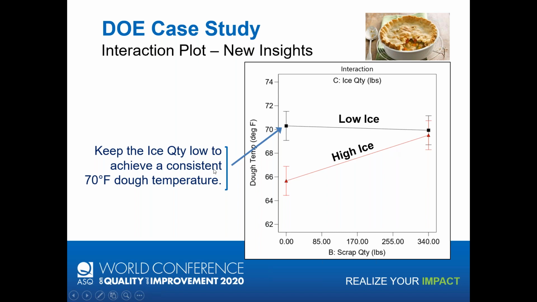And we were trying to achieve a consistent 70-degree dough temperature. So it turns out if we keep the ice low, then the scrap quantity can actually be from none to its high amount, and it looks like we'll keep the dough temperature consistent.